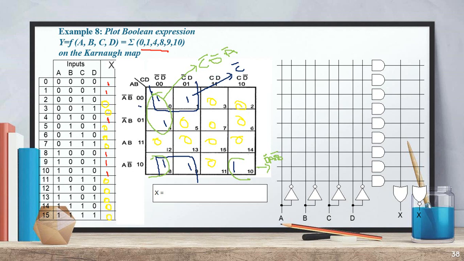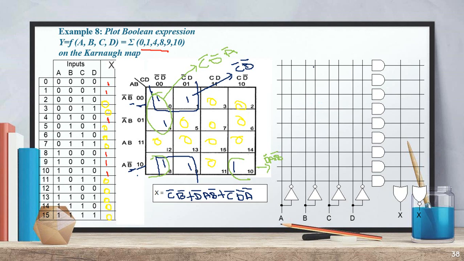In these zeros and ones, B bar is common here, so A bar gets cancelled, so it is B bar. From this equation we can say that we are getting C bar B bar as one equation, plus D bar A B bar is another equation, plus we can take C bar D bar A bar. From these three equations we can represent a logic diagram.